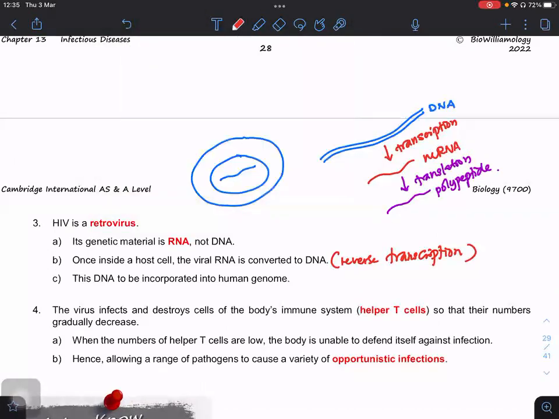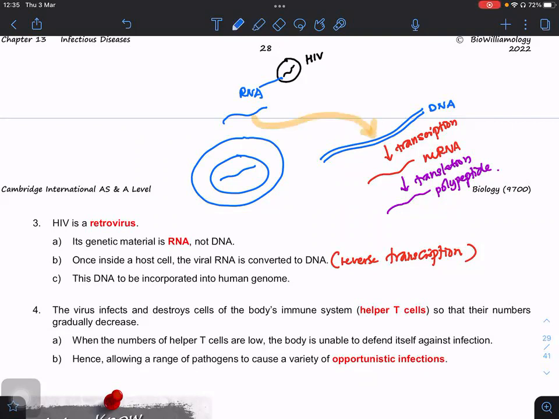Now, what we're going to talk about here is the virus, the HIV. HIV has RNA, and RNA is single-stranded, so you wouldn't be able to incorporate it into the human's DNA.